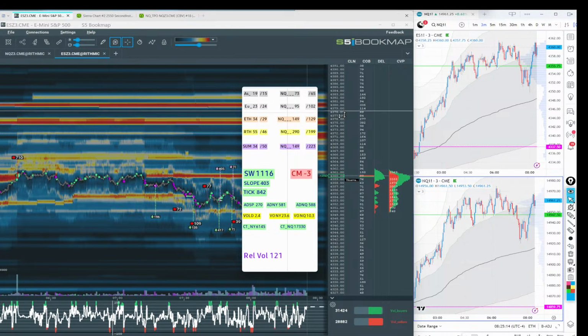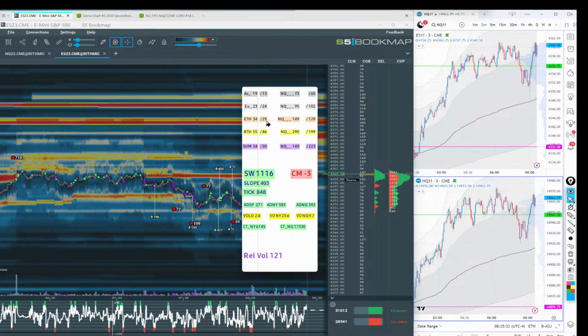So if we look into the data now, AS is Asia, and the second number for both of these is the average of the last 10 trading days. If we look at the first column being ES, you can see that in ETH so far we've had 29 points on average, so the number here is points, not ticks, and we've already had 34.